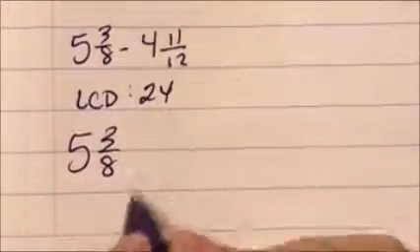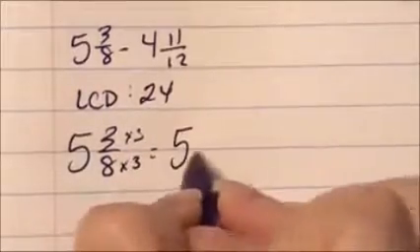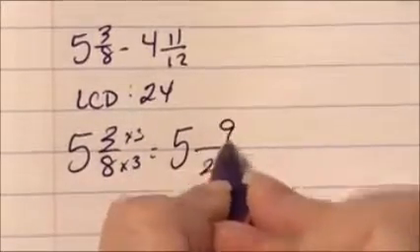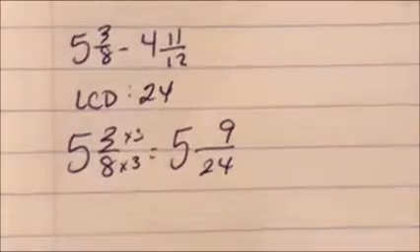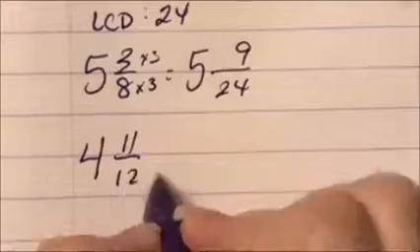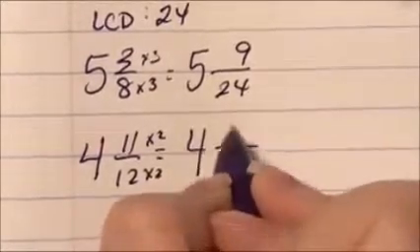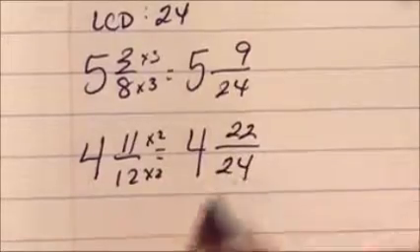So 5 3/8, I had to multiply this by 3, is 5 and 9/24ths. Multiply 4 11/12 by 2, so I get 4 and 22/24ths.